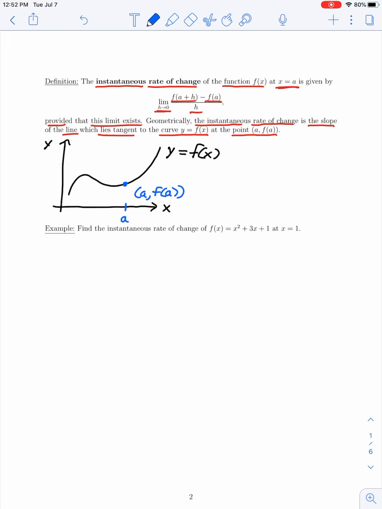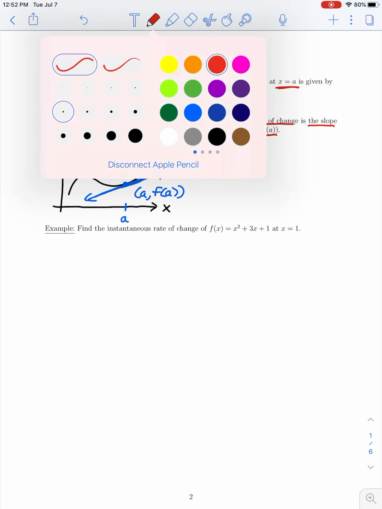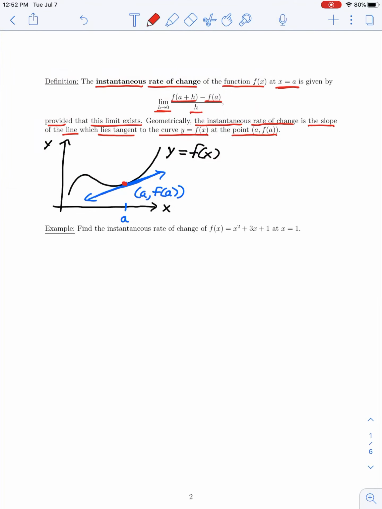So if we consider a line which passes through that point and is increasing at roughly the same rate at which our function is increasing at that point. So for this point, we see that our curve seems to have this sort of small slope.